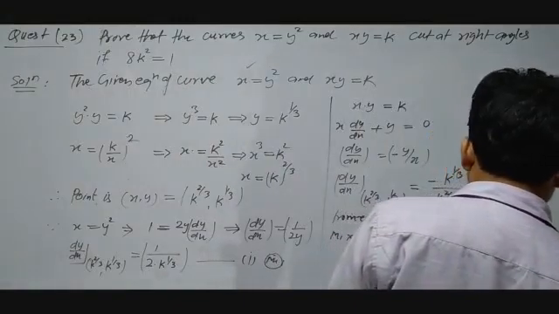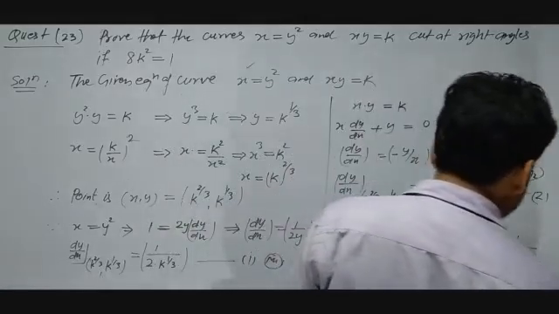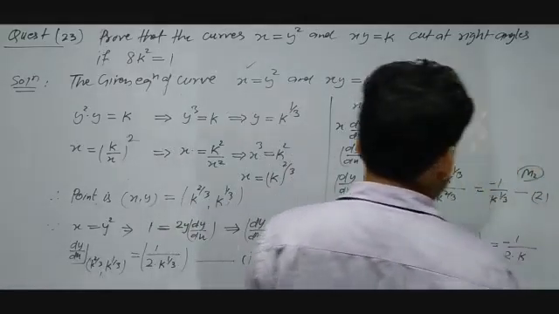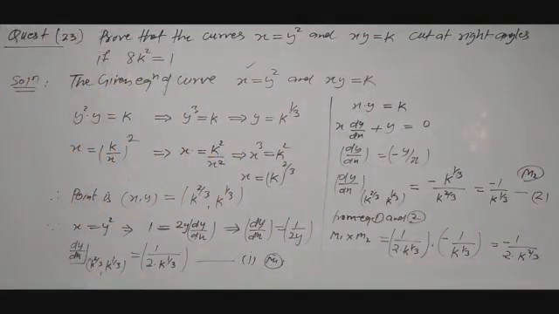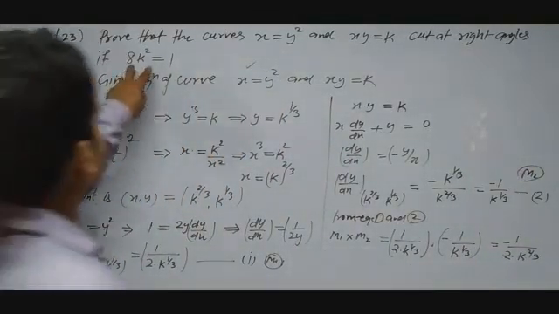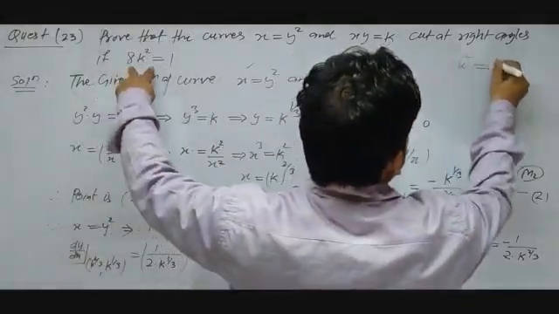Minus 1 upon 2 times k to the power 1 by 3 into k to the power 2 by 3, and you know 8k square is equal to 1.